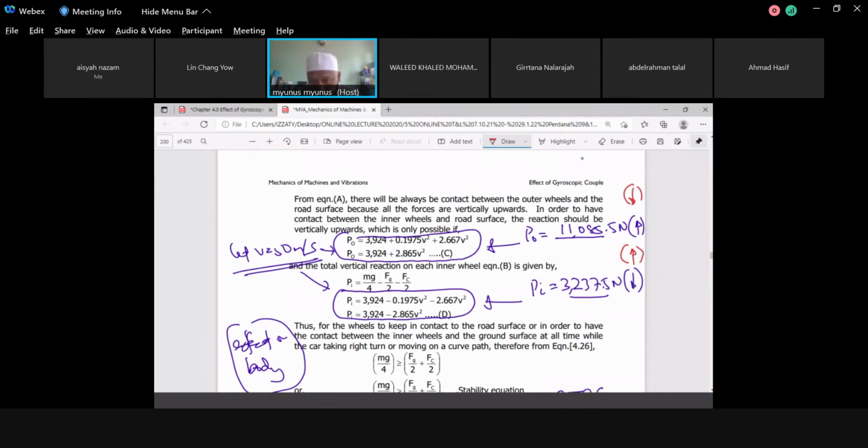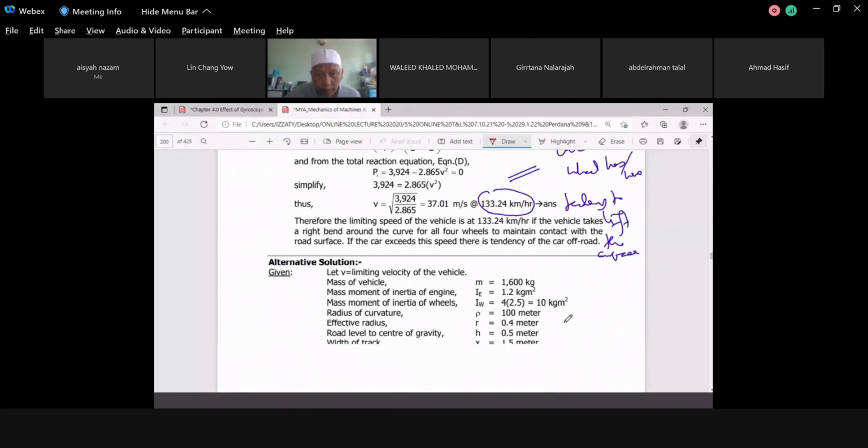This one is on wheel. This one is on body. So now you go back to here. You have the PO pointing downward, the PI pointing upward.